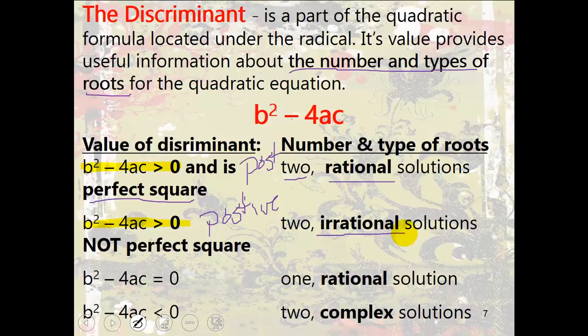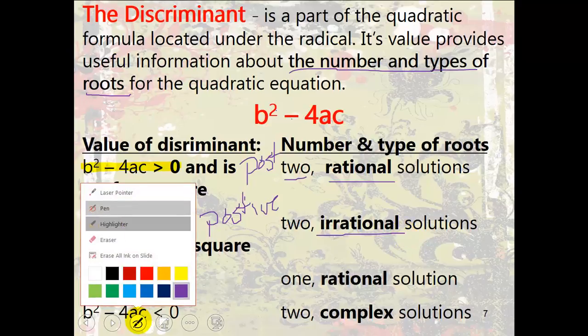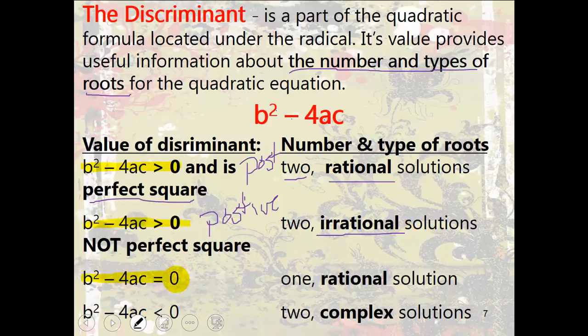We could also have b squared minus 4ac equaling 0, and that means the number under the radical is 0, and so we just get one solution. This is when the graph touches the x-axis and then bounces back in the same direction. And then b squared minus 4ac less than 0 is when we get the complex solutions.